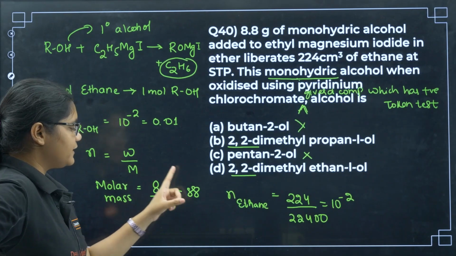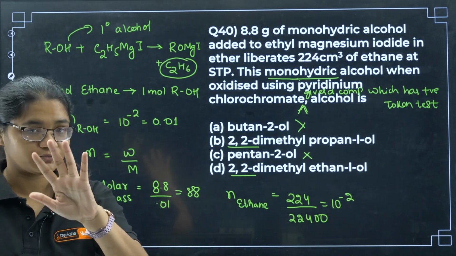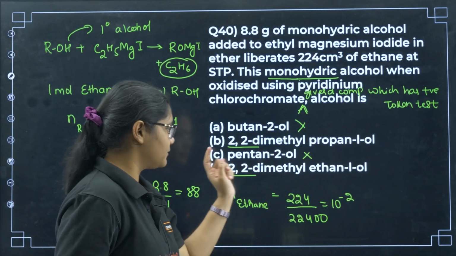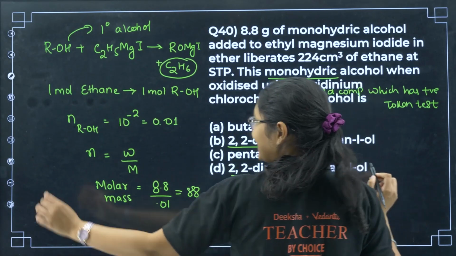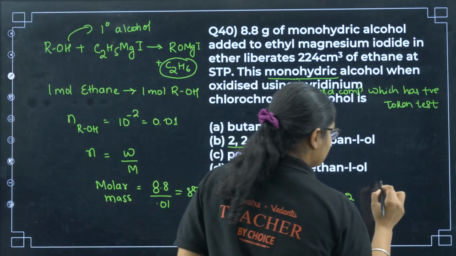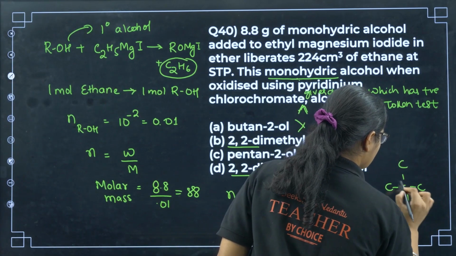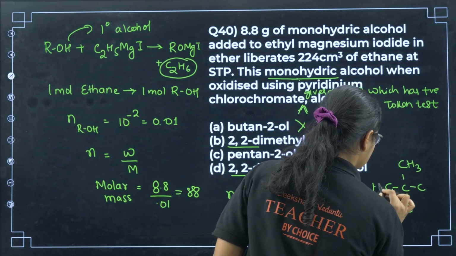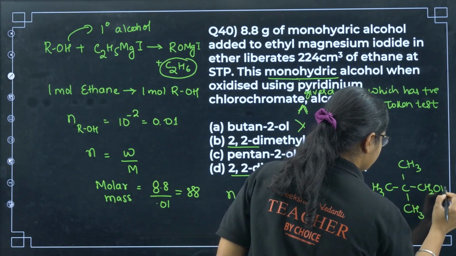So now we have to find the alcohol which has a molar mass of 88. Let's check with option B here, 2,2-dimethylpropan-1-ol. So CH3, CH3, CH3, CH2OH.